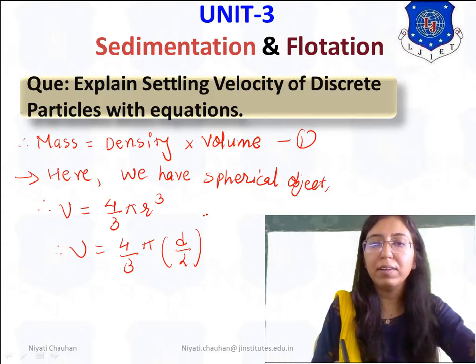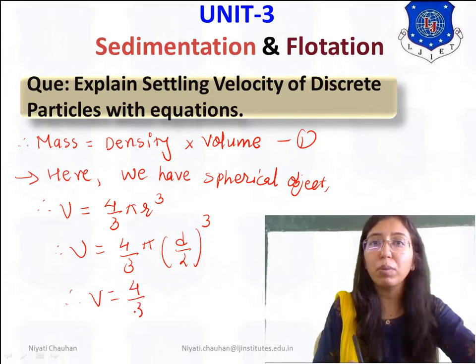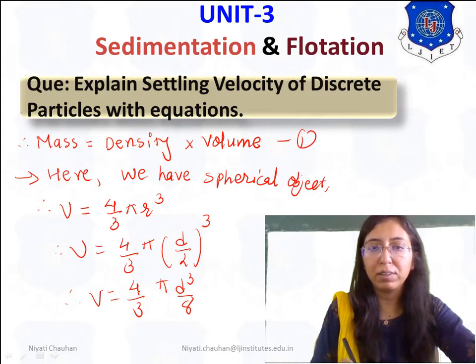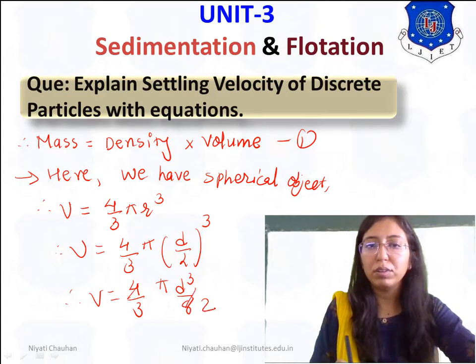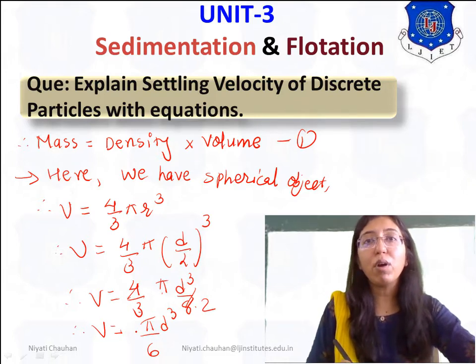With the cube, volume V is equal to 4 by 3 pi d cube upon 8. So the final equation of volume is pi by 6 d cube.